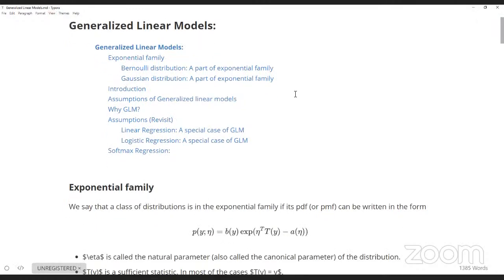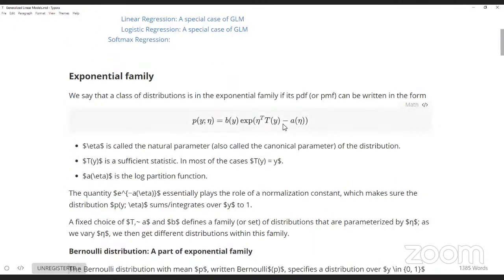Now, we were talking about this expression, right? Eta is the natural parameter, T of y. So what is a sufficient statistic? How do you define a statistic? You must have come across this terminology in the statistics course as well. What is a statistic?